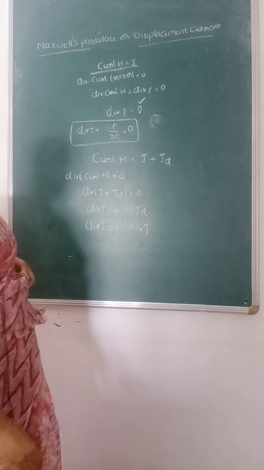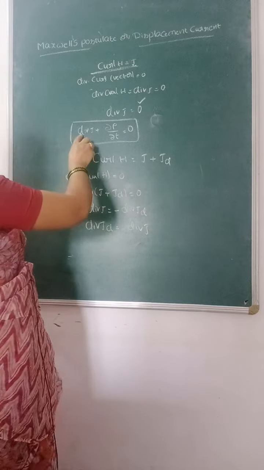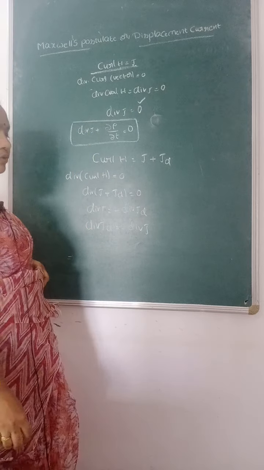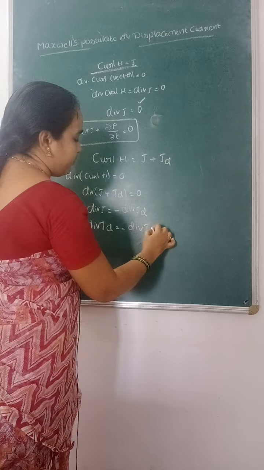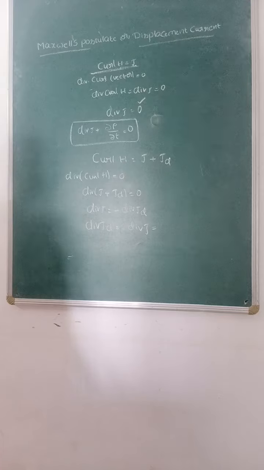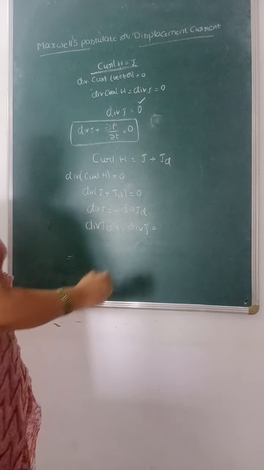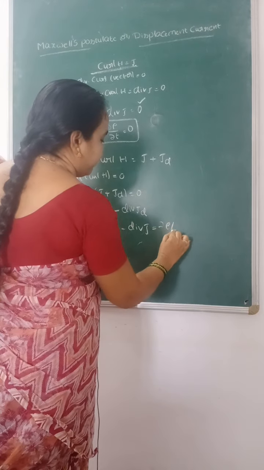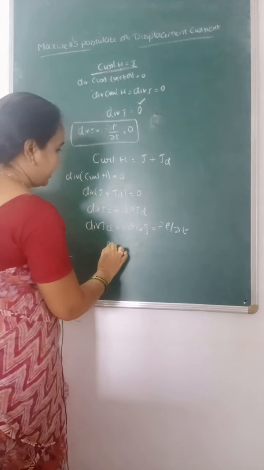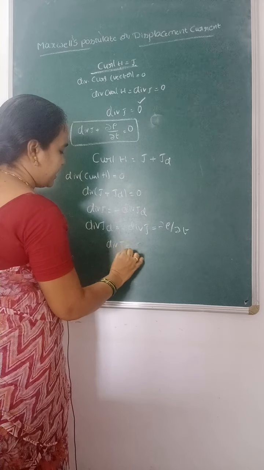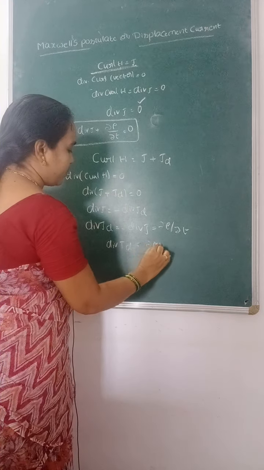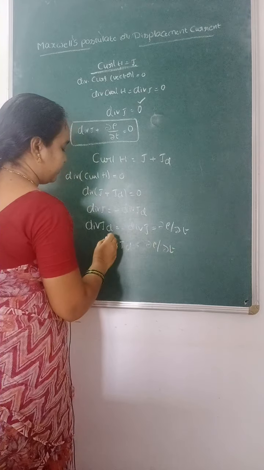From the equation of continuity, minus divergence of J is equal to dou rho by dou t. So here we replace minus divergence of J with dou rho by dou t. Then divergence of JD is equal to dou rho by dou t.